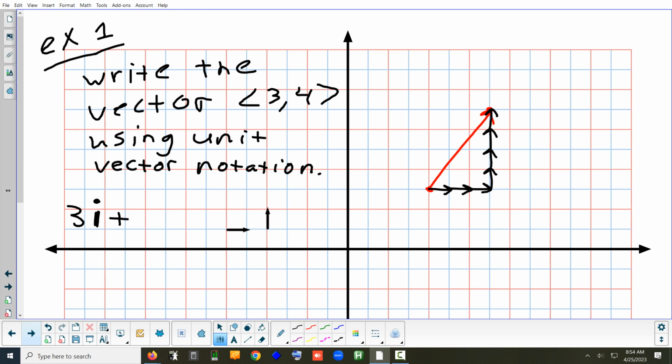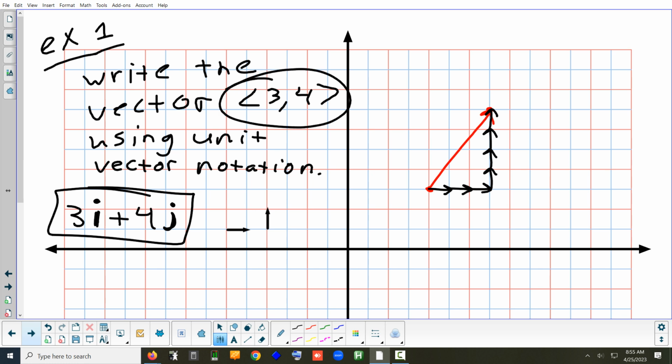So if I stack 3 I's together and 4 J's together, that's how I can build this vector out of I's and J's. 3I, 4J. Where did you get the red vector from? Was that there at the beginning of the problem? Yep, that was given to me.